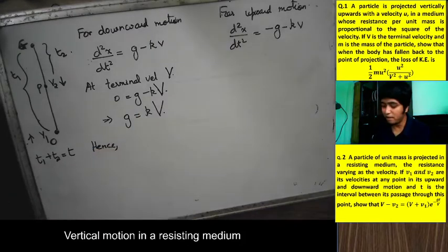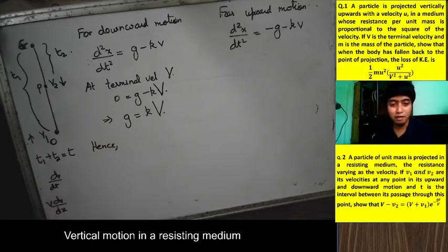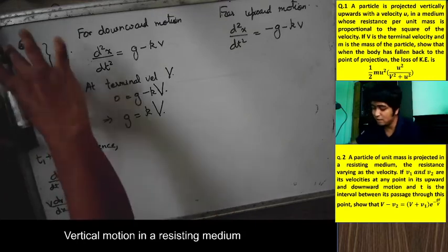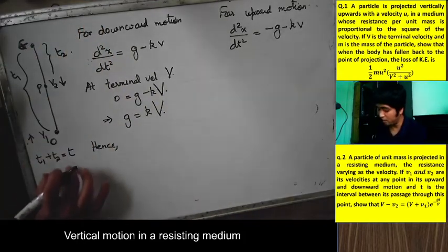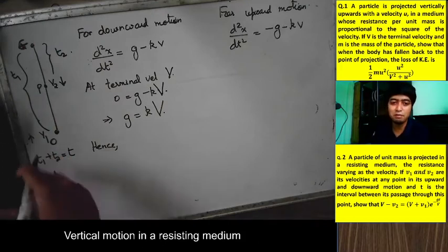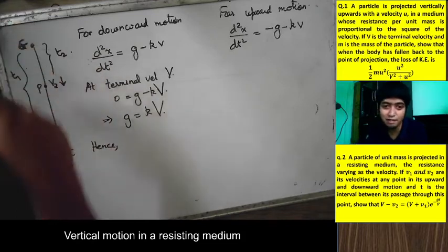But now we should be very careful. Should we use dv/dt or should we use v dv/dx? You can see over here that the distance is not the same in both cases. But we are in fact interested in the time, even though the time is not the same in both the cases for the upward and the downward motion.